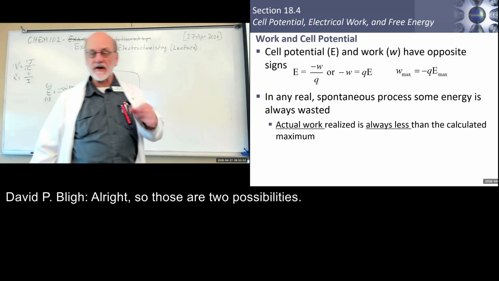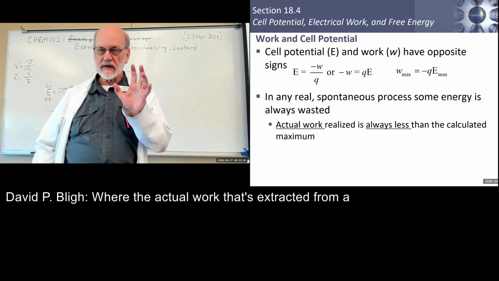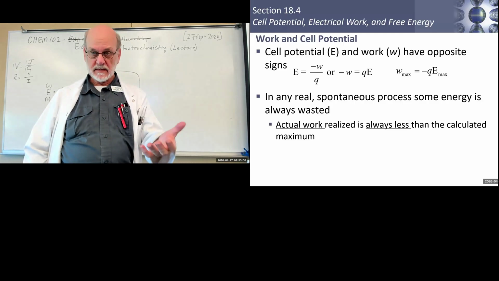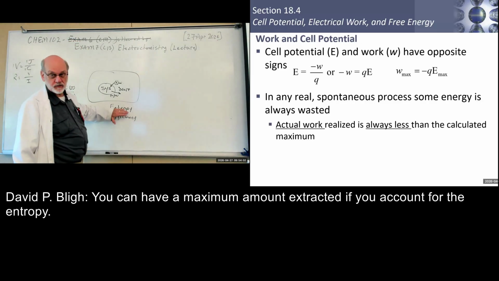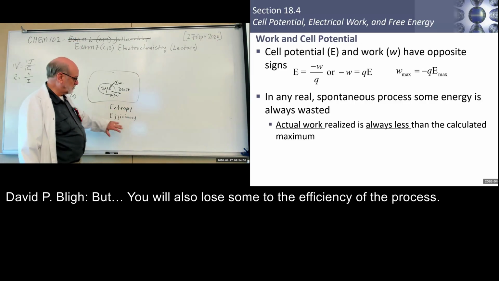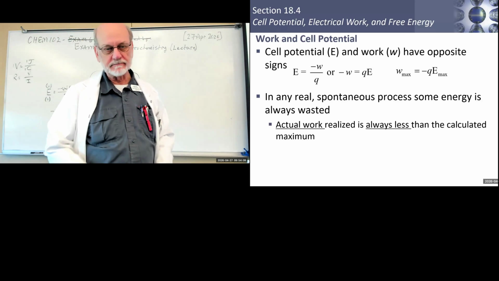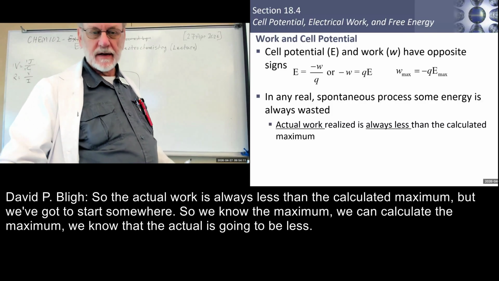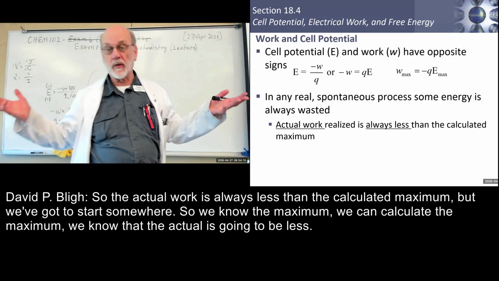Right, so those are two possibilities. The actual work that's extracted can have a maximum amount extracted if you account for the entropy, but you will also lose some to the efficiency of the process. So the actual work is always less than the calculated maximum, but we've got to start somewhere.